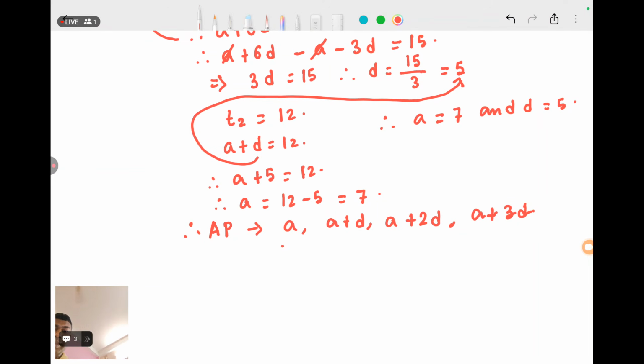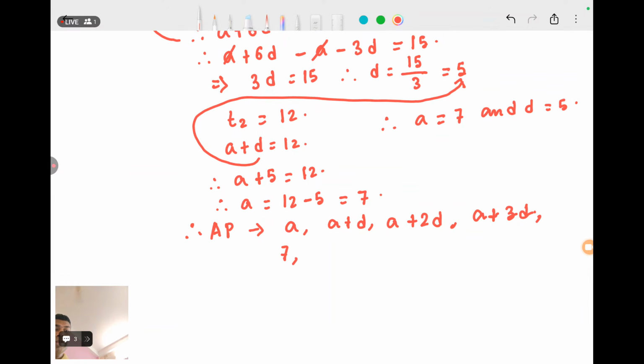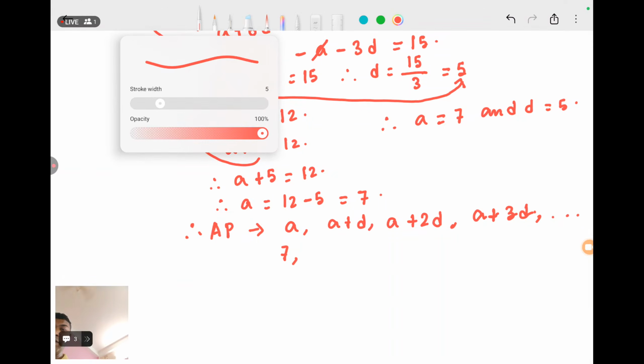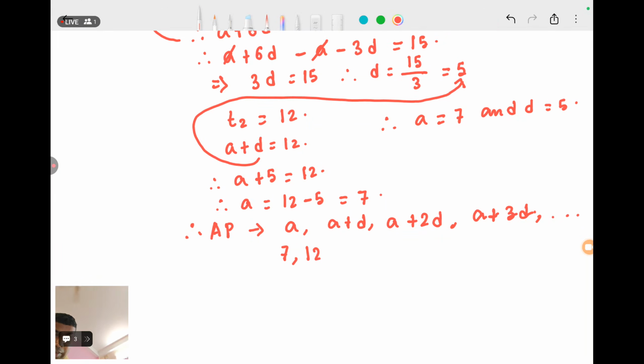So a will be 7, then after that a plus 5 means 7 plus 5 will be 12. 12 plus 5 will be 17. 17 plus 5 will be 22, and so on.